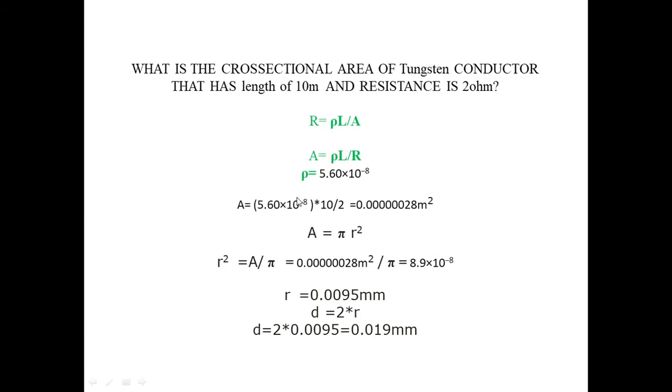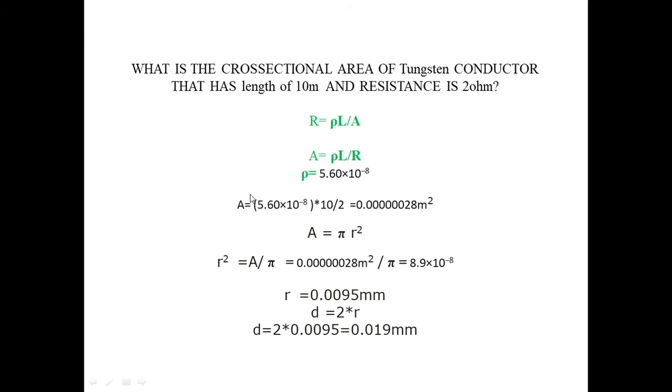Okay, number 3. What is the cross-sectional area of a tungsten conductor that has a length of 10 meter and resistance of 2 ohm? From our rule, we know that the cross-sectional area is equal to rho times L divided by the resistance, and the resistivity of tungsten is equal to 5.6 times 10 to the minus 8.